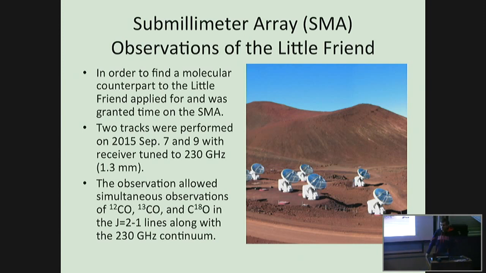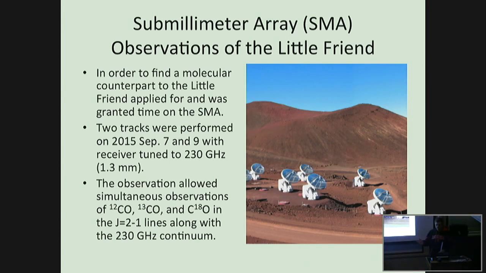And bad weather in SMA means high moisture content one night. It was usable data, but didn't give us a lot. Still, we got 2 tracks at around 230 gigahertz. And so we can simultaneously get 12CO, 13CO, and C18O in the J equals 2-1 line. So basically molecular CO, and we can also get continuum information.